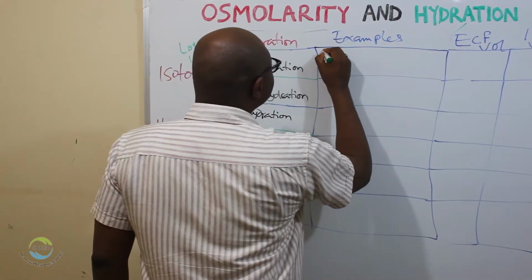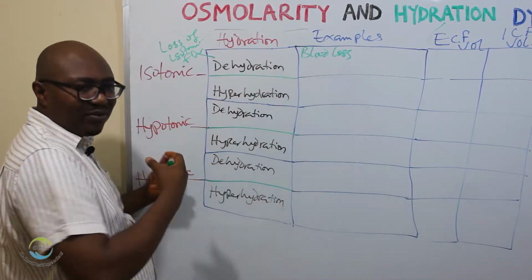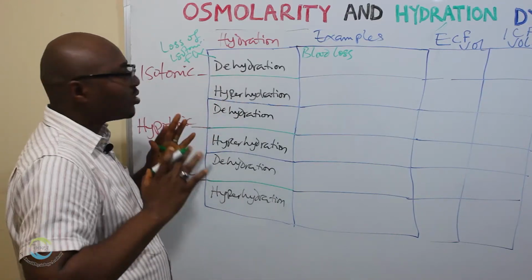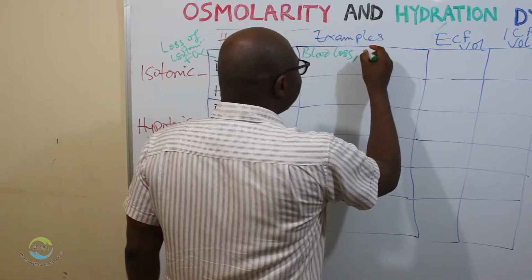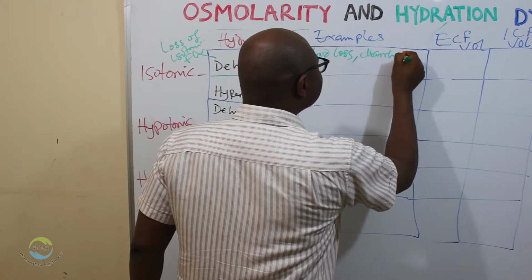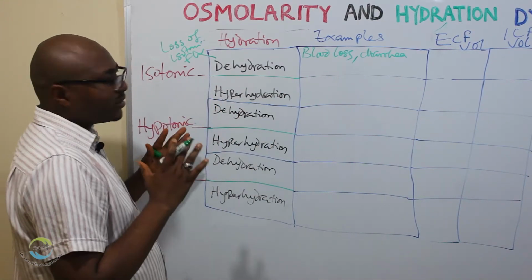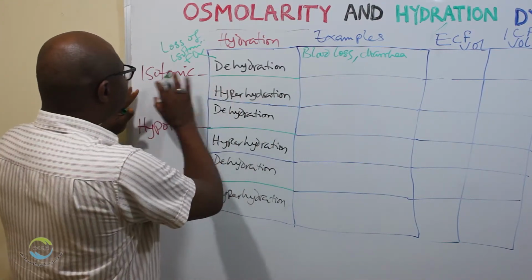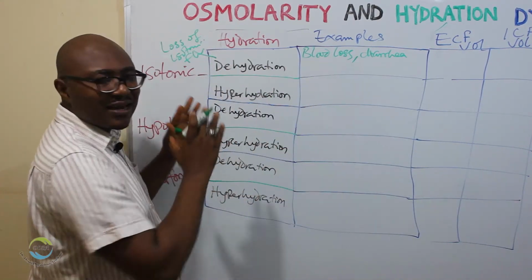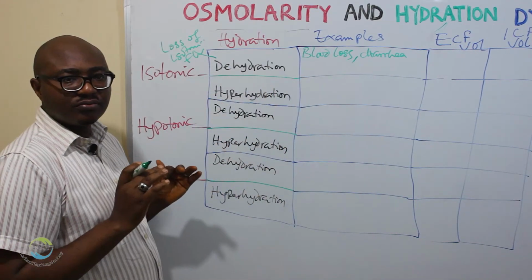So hemorrhage, blood loss, is isotonic because that blood you've lost has equal salt and water. Another thing too, some forms of diarrhea, the fluid that is lost there is isotonic. So these are the most common things that can cause isotonic dehydration.